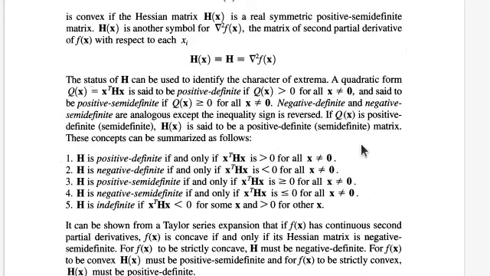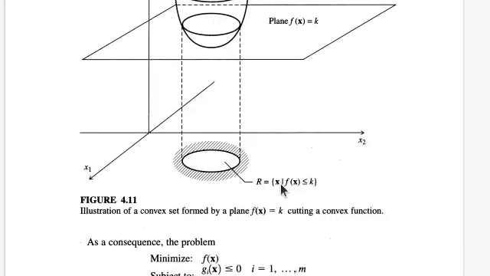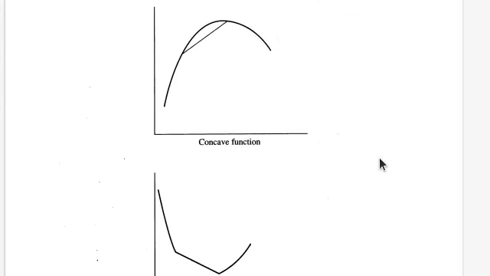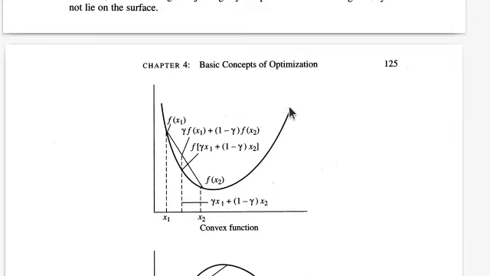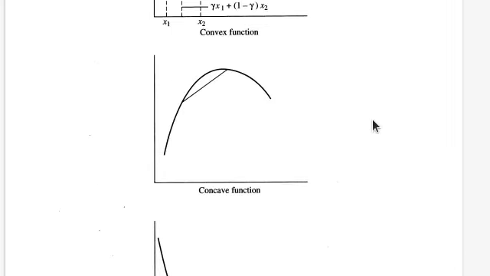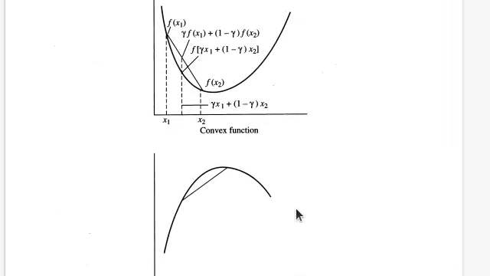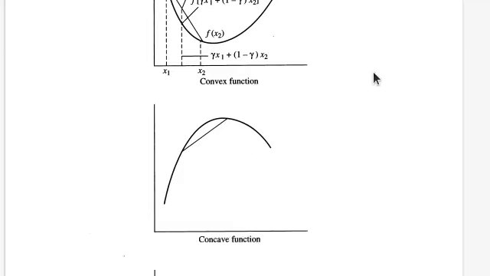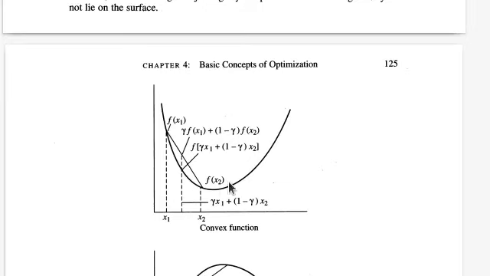Now when this concept is clear to you, as a summary you can understand it this way: convex function is like this, and concave function is like this. So we will be interested in the minimum value of this convex function when we are optimizing anything. And if you are interested in maximizing something, then you will have to take the concave function. But in this book we will always minimize things, so we will always take convex functions.